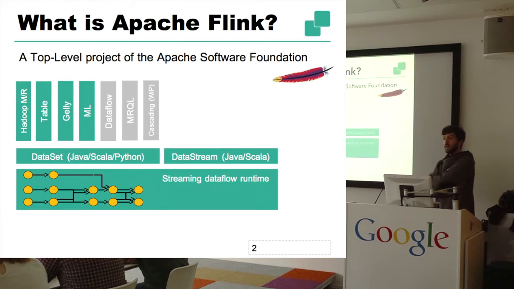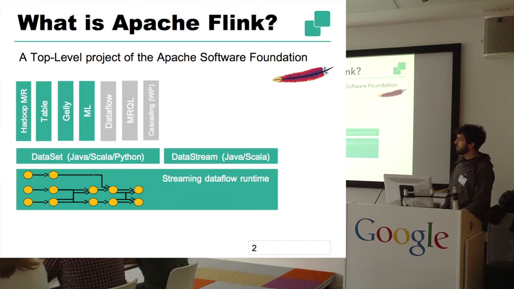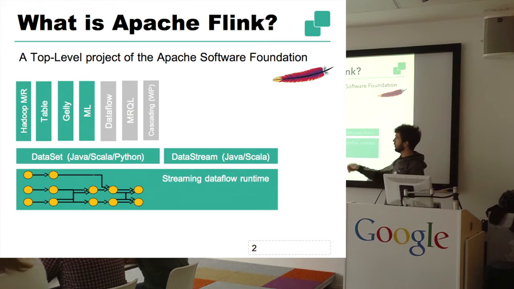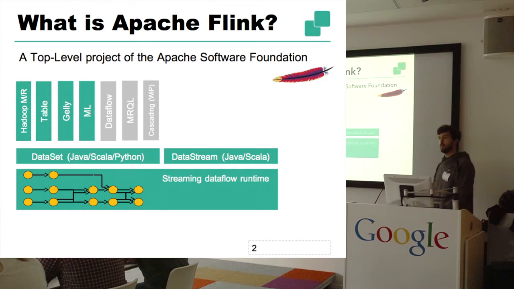On top of these APIs, we have built a number of libraries, which cover, for example, a Hadoop MapReduce compatibility layer, which allows you to reuse your mapper or reduce functions and work with existing data types. And later we will also cover the Table API, which is a really cool feature to enable SQL-like queries in Apache Flink.